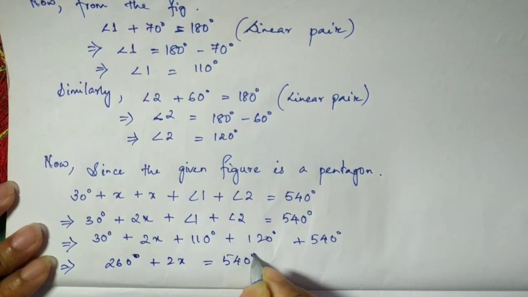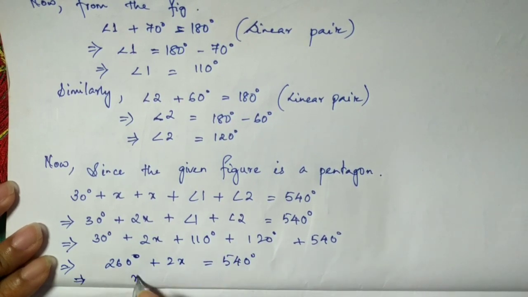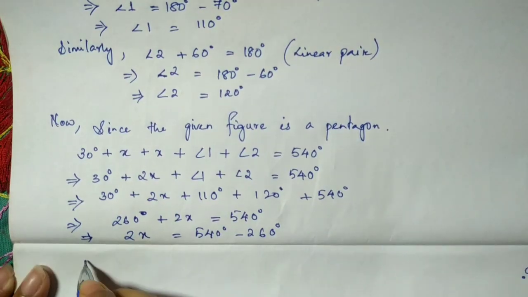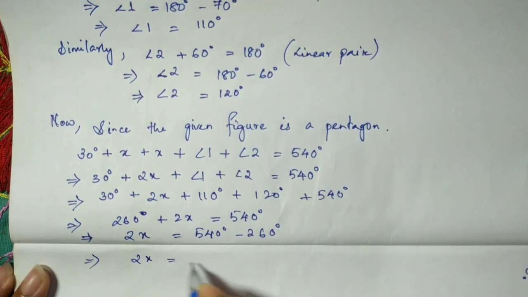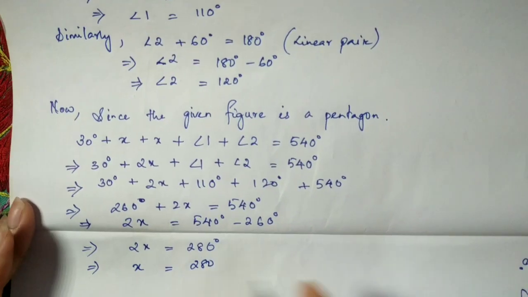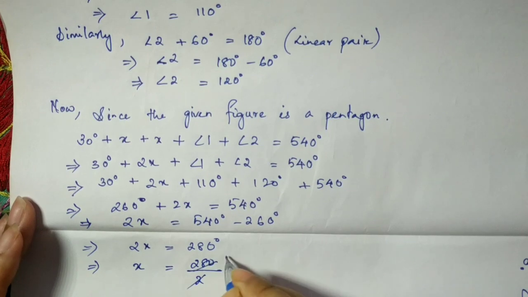Let's transfer: 2x is equal to 540 degrees minus 260 degrees. It will subtract, and 2x is equal to 280 degrees, and x will be equal to 280 divided by 2. If you cancel, you get 140.